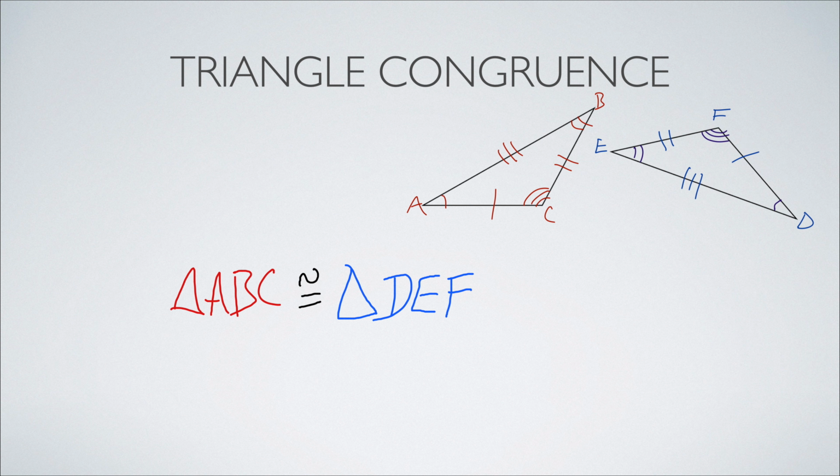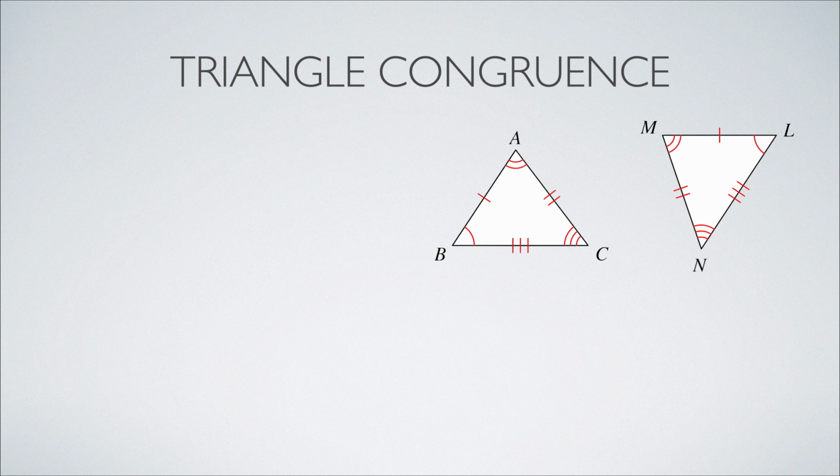So that worked. Let's try this one. I'm once again going to name it triangle ABC. But then let's look at what this one is. A has two arc marks. So then I look, L does not, but M does.